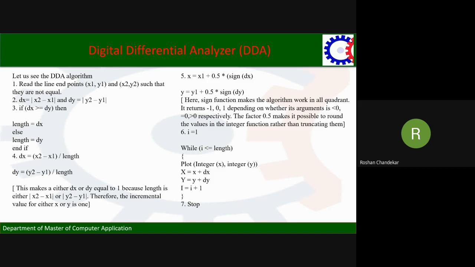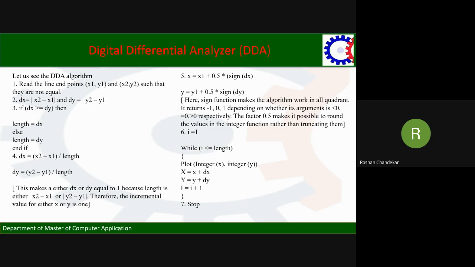As we know, there are 4 quadrants, so the equation works in all 4. We multiply by 0.5 for rounding up the value. Then i is equal to 1.